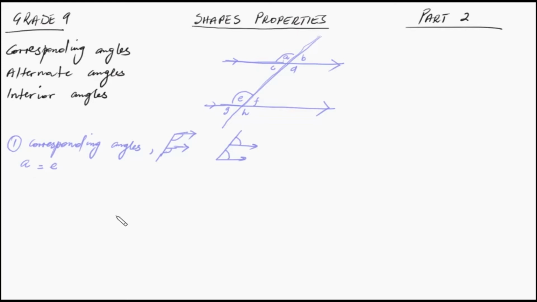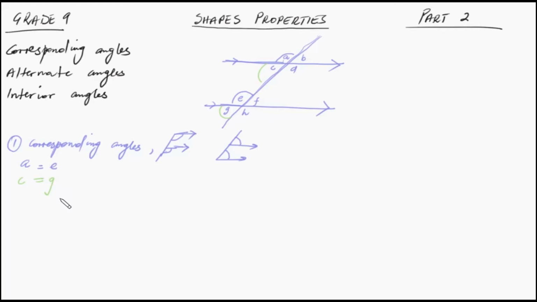All right. Which else do you see? I'm seeing this angle here, angle C and angle G, because this is an F, ladies and gentlemen. So this angle and this one are corresponding angles. So I can see angle C equal to angle G. Once they are corresponding, they are equal.